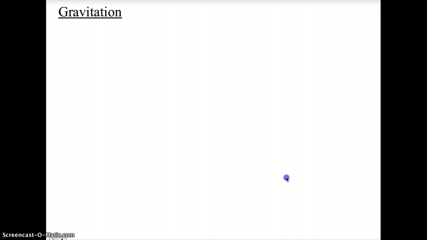So imagine I have this source mass, and the mass of it is big M, and then I have this random point P, and P is separated from the center of the source by a distance r1. Well, we've seen already that the value of the gravitational field strength at this point P is big G times the mass divided by r1 squared.